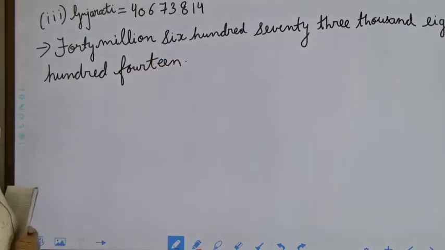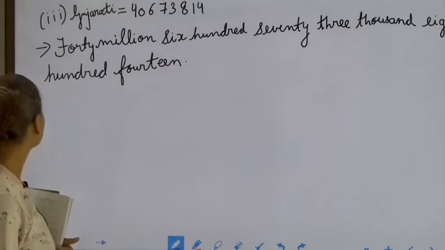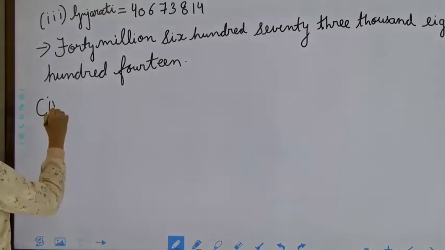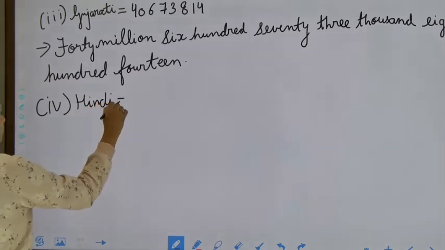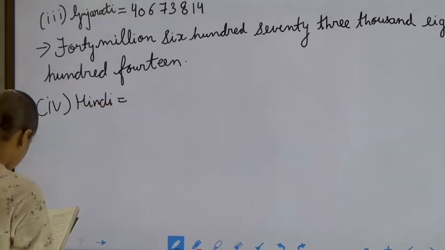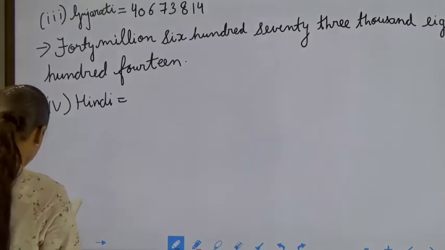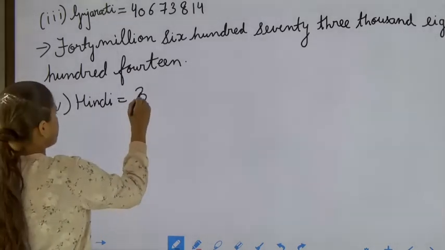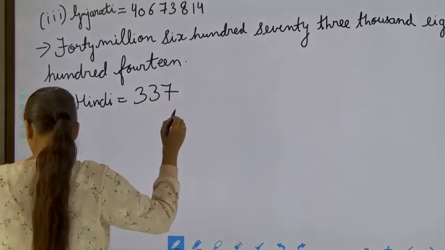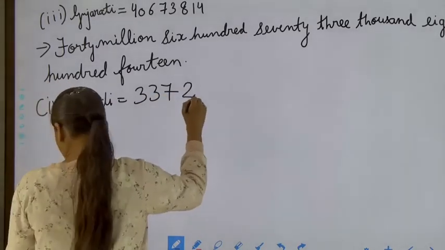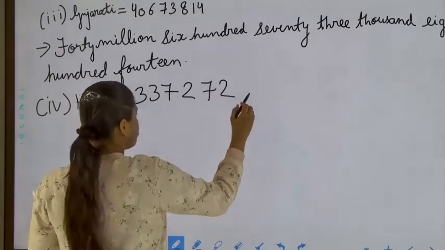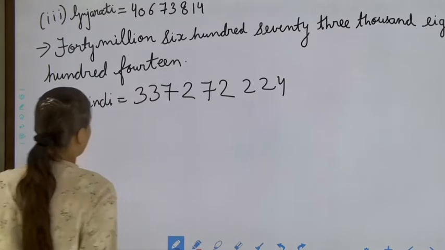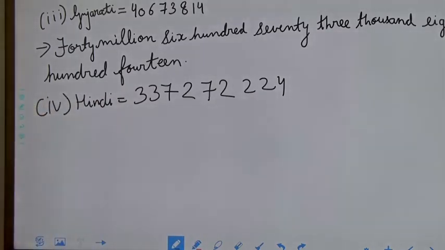Okay, last one, that is Hindi. Fourth one is Hindi. That is 332,224. Again, we have to write in the international numeration system.